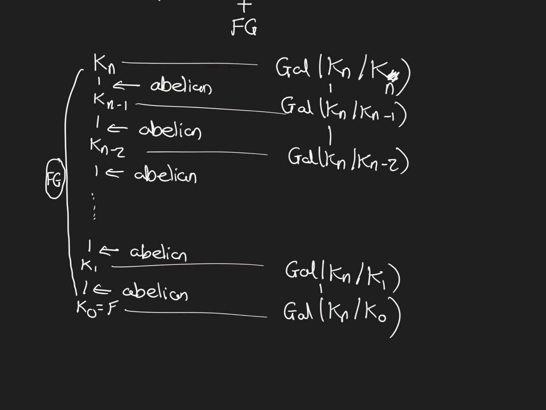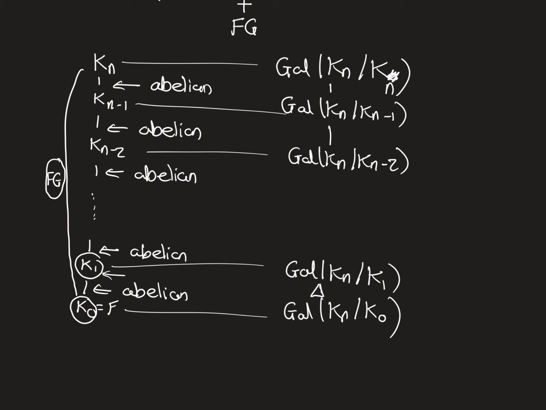Now, let's start down here with K1. Because I know that this is an abelian extension, it's certainly finite Galois. So that means that the Galois group of Kn over K1 must be normal inside the Galois group of Kn over K0, because this is a finite Galois extension.